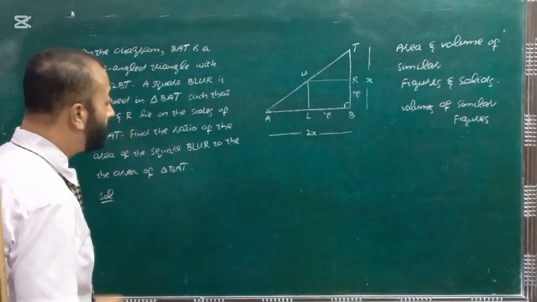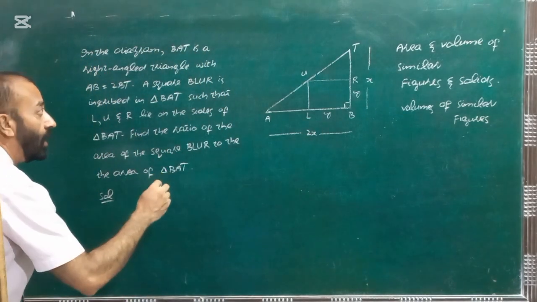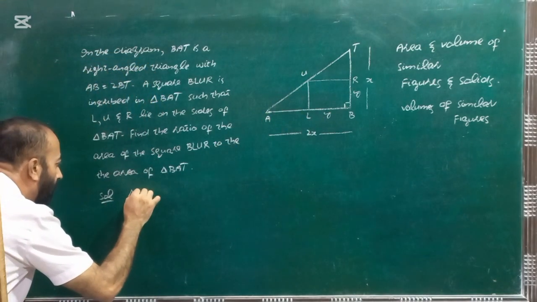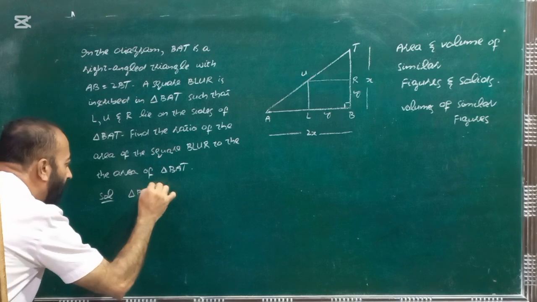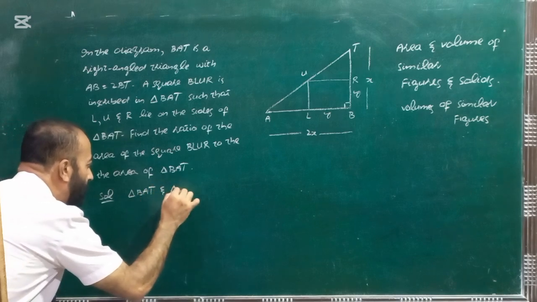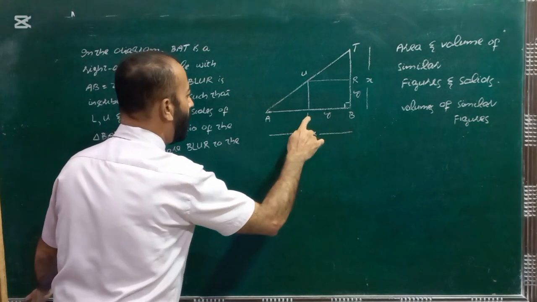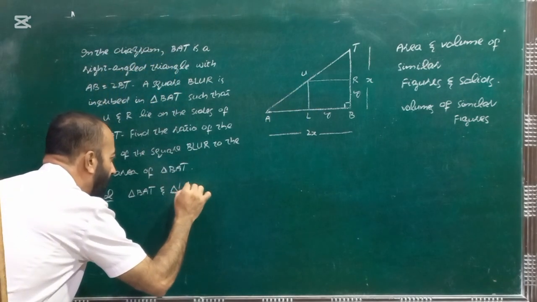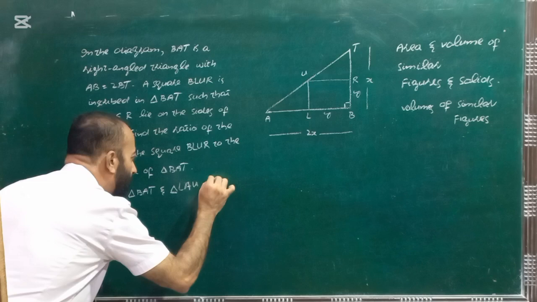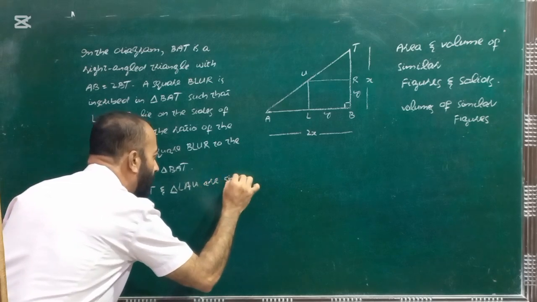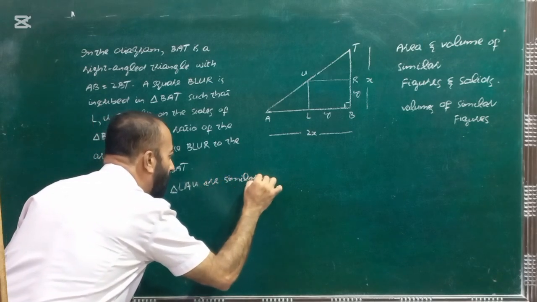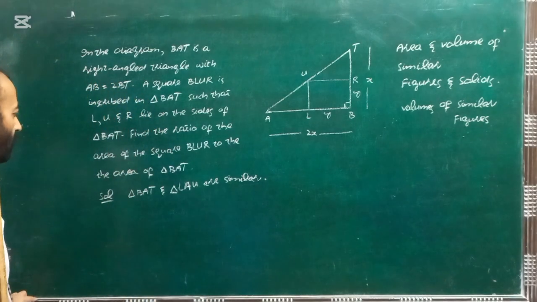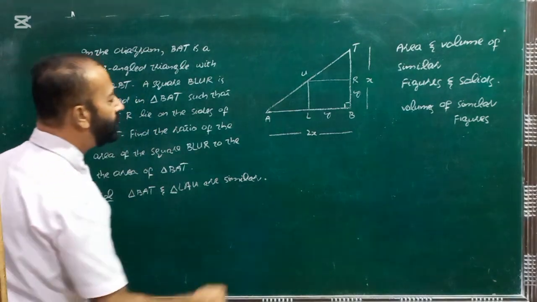So look now, triangle BAT and triangle LAU are similar. So the concept of the similar triangles is going to be applied. So we are moving from bigger to smaller.